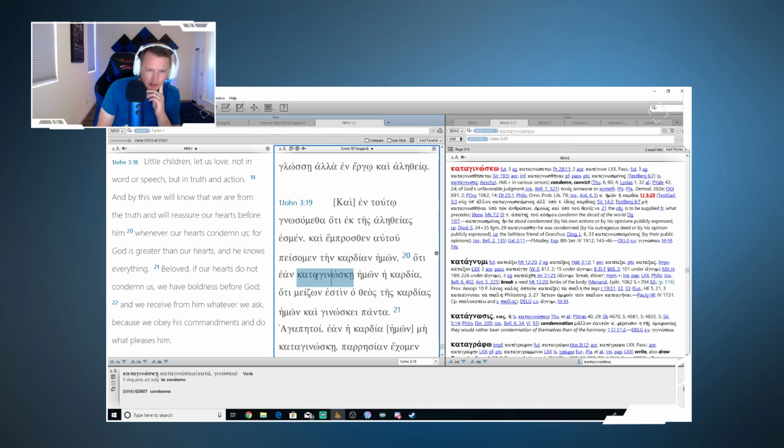This is not a third-class condition. Ean in the protasis, and then something else in the apodosis. Because of hoti there. So I do think this is right. That when our heart, we don't need might, when our heart condemns.